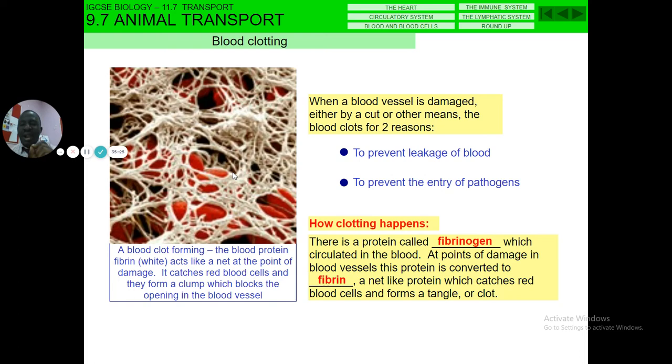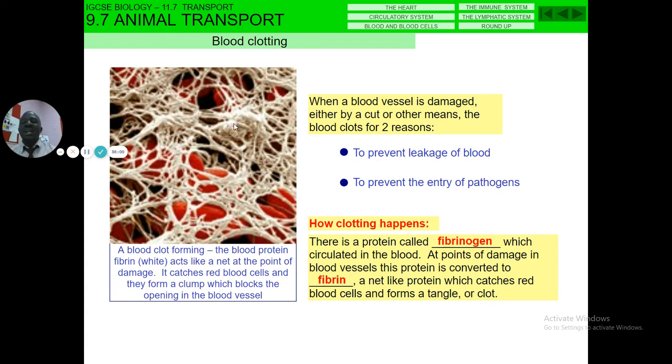But the moment you get a wound and blood gets exposed to air, fibrinogen in blood is converted into fibrin fibers. The fibers you see, which are forming the clot around the wound, are what we call fibrin fibers. Fibrin fibers form a net-like protein which catches the blood cells and forms a tangle or a clot. This you see in white is what you call the clot.